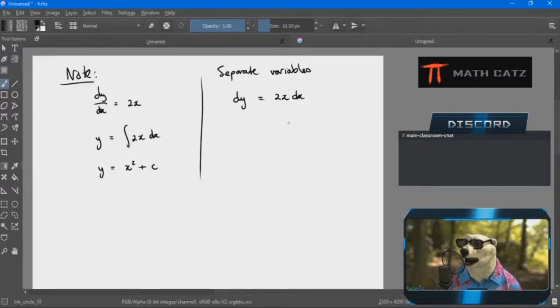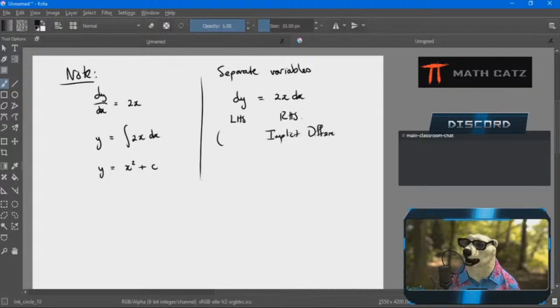How I'm going to do that is I'm going to see this now as the left-hand side of an equation and this as the right-hand side of an equation.